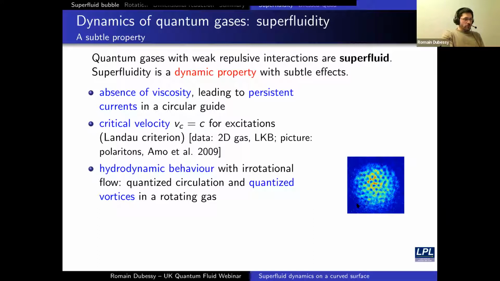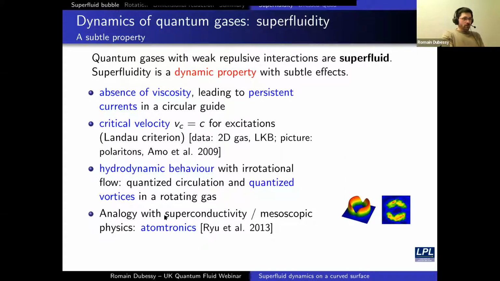And just a last word about a field that is, I think, increasing in our community: now we are really in the position of shaping the traps in which we trap atoms, to realize real analogs of mesoscopic devices that are used in mesoscopic physics, as for example here the first realization of an analog of a SQUID with atoms in this publication.